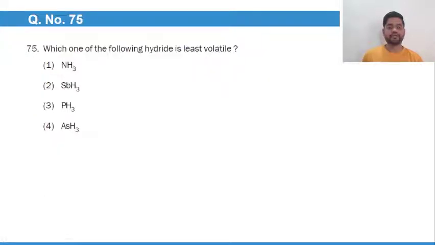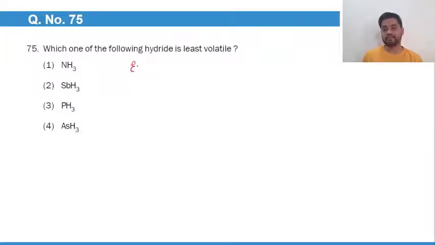Next, which one of the following hydrides is least volatile? Least volatile means what? It has a high melting point, right? So as we know, as we go down the group, its van der Waals force of attraction increases and hence melting and boiling point increases.